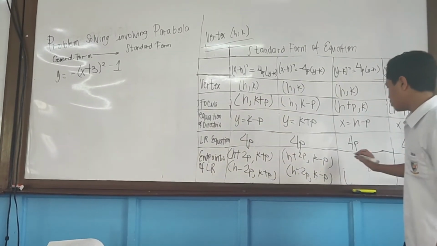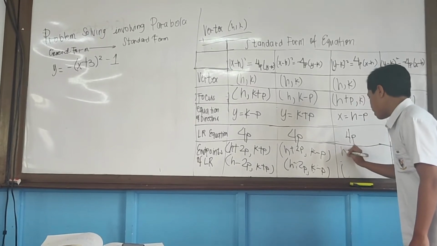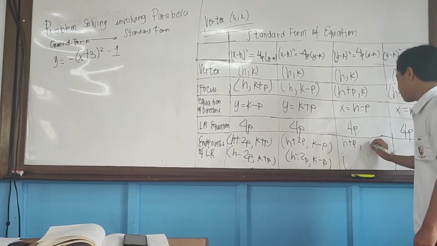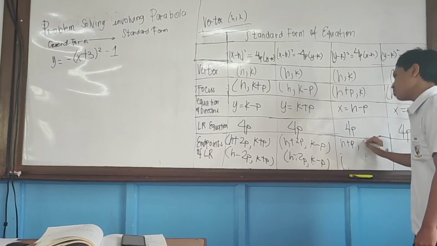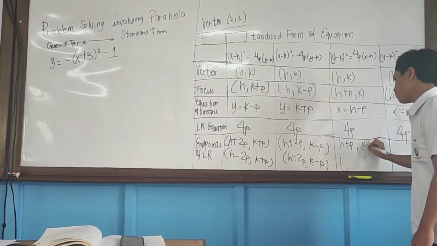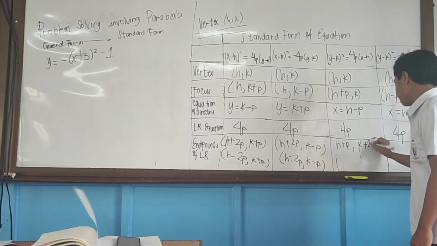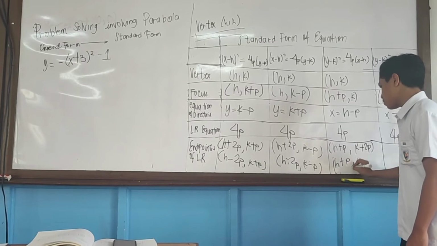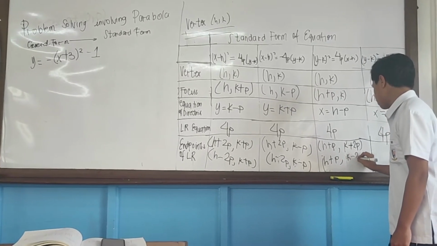Now let's move on here. (h + p, k + 2p), (h + p, k − 2p).